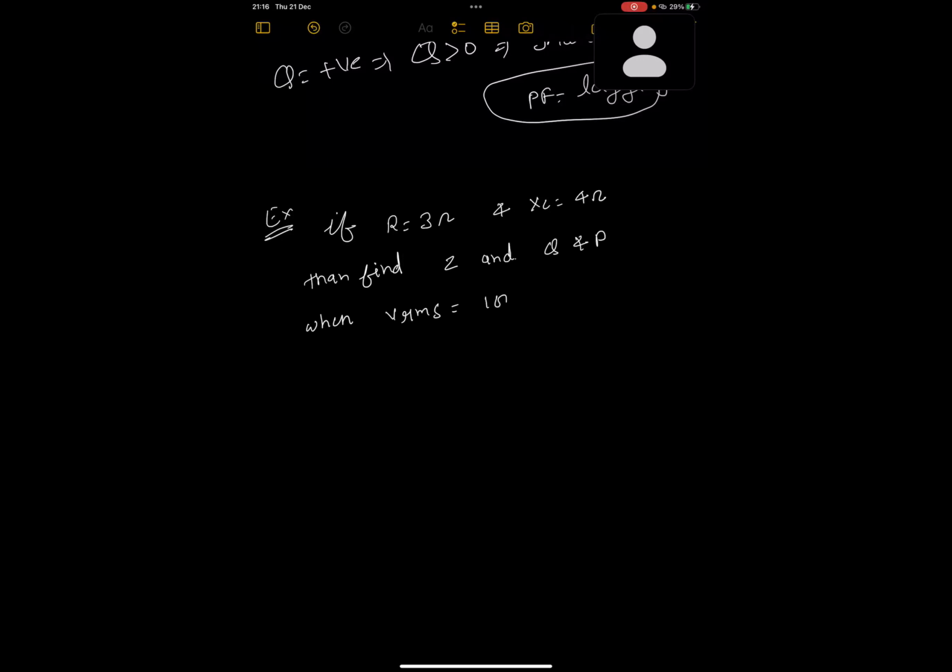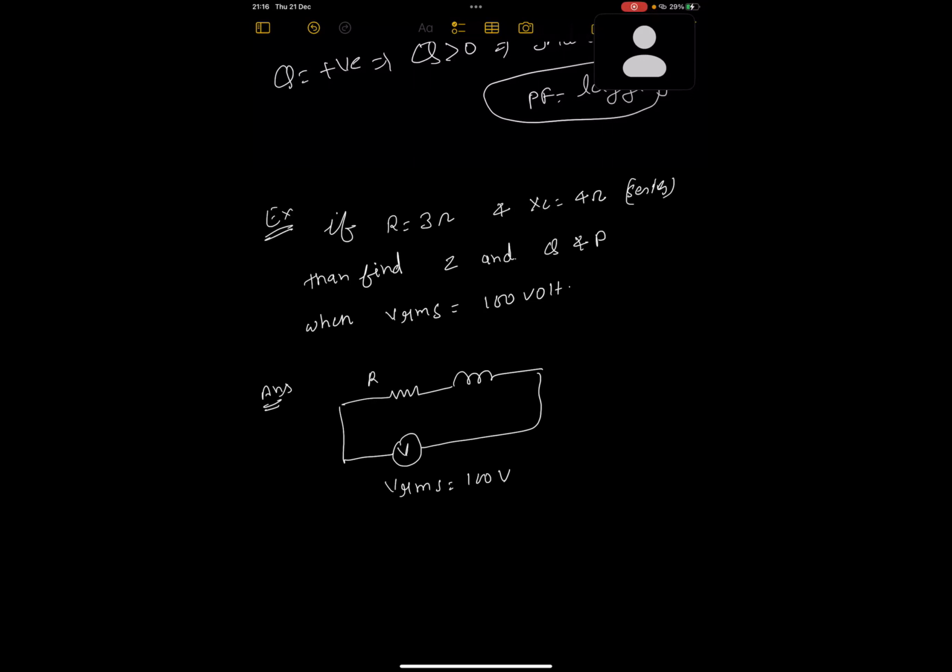This is 100 volt. Connected in series. Means this is resistance, inductor, and this is your voltage source. VRMS equal to 100 volt.